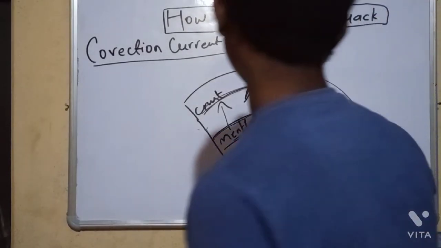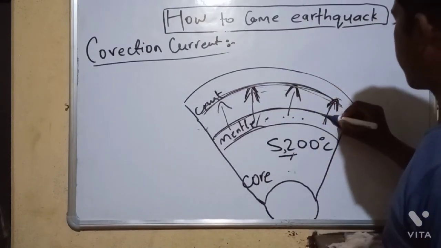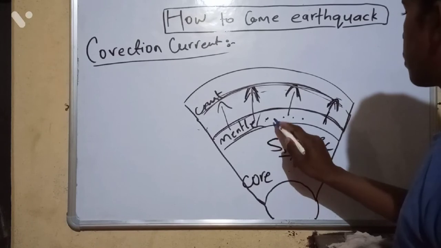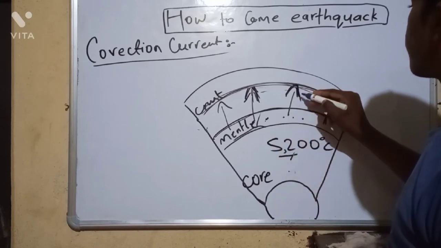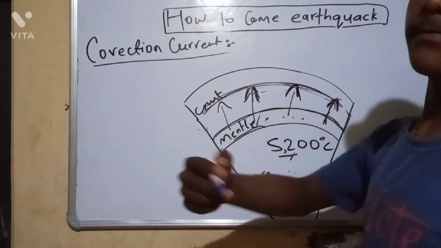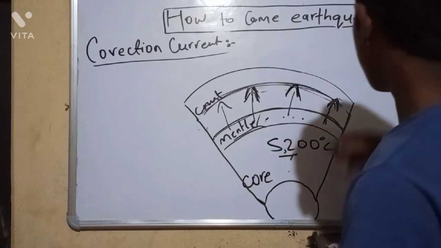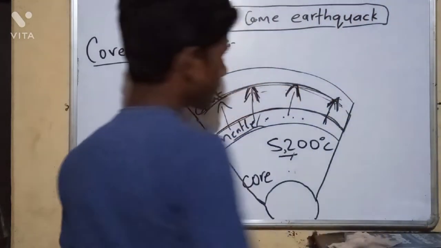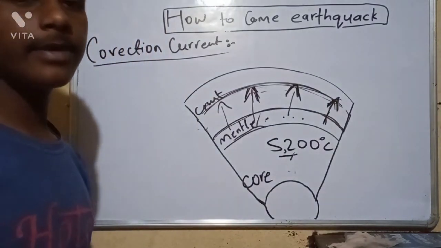Often the force applied by the mantle material closest to the core goes up and pushes with heavy force. So due to it, our tectonic plates move heavily.